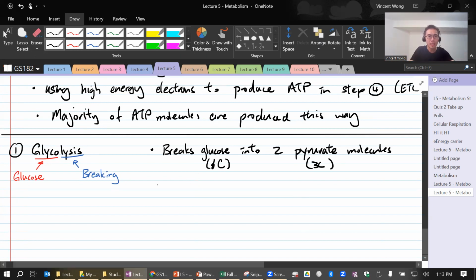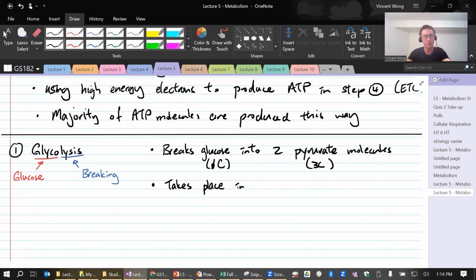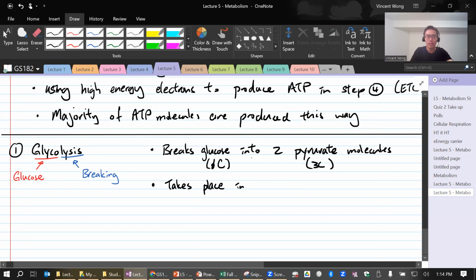So glycolysis takes place in where? Which part of the cell does glycolysis take place in? Do you remember when we wrote it down earlier? You can check your notes, see if you took good notes. That's right, Amnet, thank you.